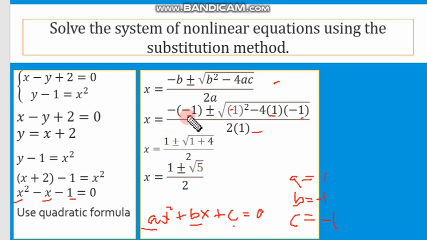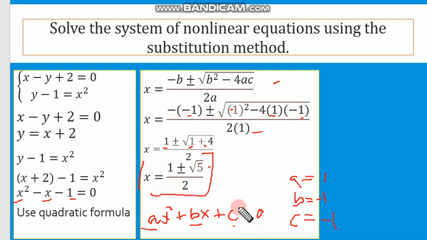Negative times negative 1 is positive 1, plus or minus the square root of negative 1 squared, which is 1, minus 4 times 1 times negative 1, which is positive 4. So 1 plus 4 over 2. The square root of 1 plus 4 is the square root of 5. So the result is x is equal to 1 plus or minus square root of 5 over 2.